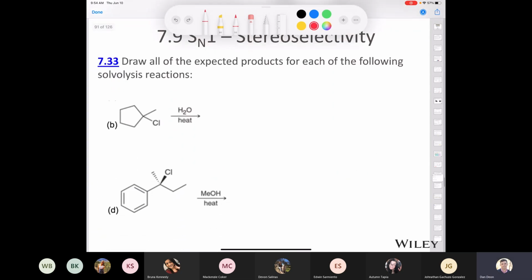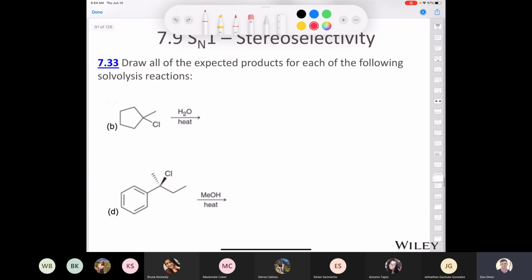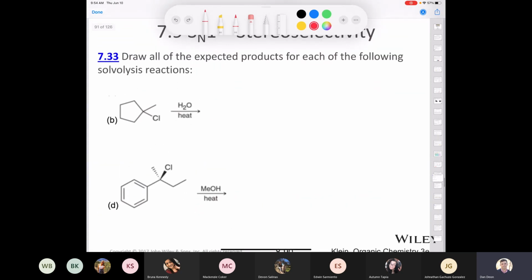Well, let's take a look at some problems here. This is question 7.33. It says draw all of the expected products for each of the following solvolysis reactions. Remember, a solvolysis is a unimolecular, first order reaction. Since this is a tertiary alkyl halide and we're just putting it in water, we're not going to get an SN2.